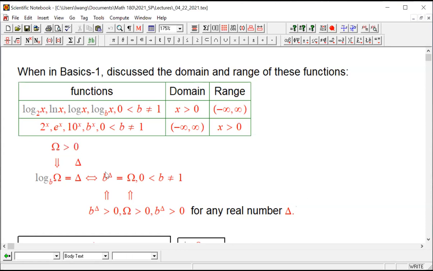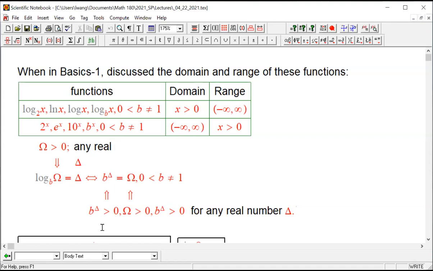As a consequence of that relationship, the triangle can be any real number. Do you follow me?